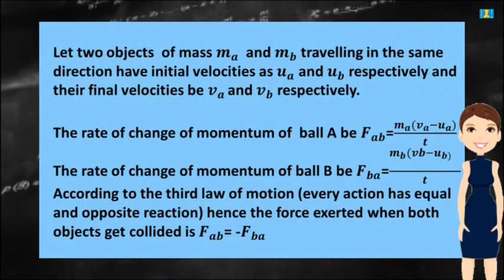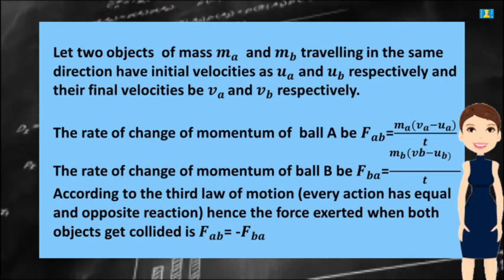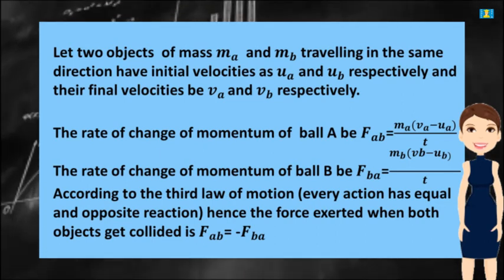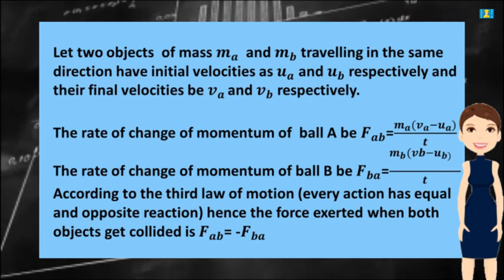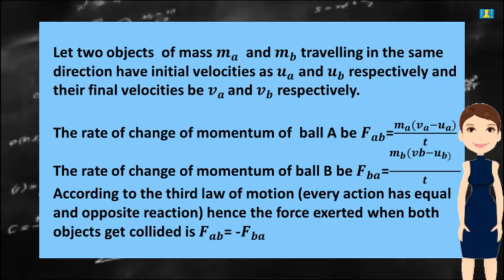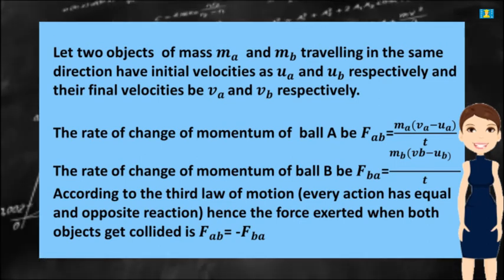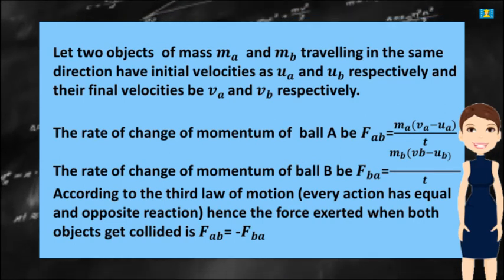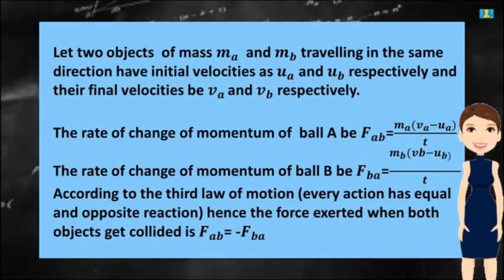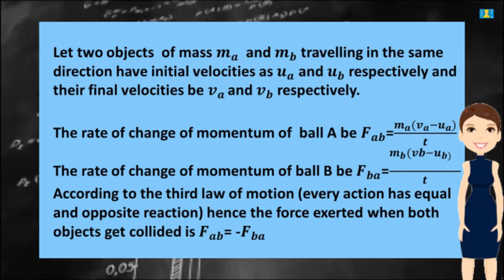Let two objects of mass mA and mB traveling in the same direction have initial velocities uA and uB respectively, and their final velocities be vA and vB respectively. The rate of change of momentum of ball A by B, FAB, equals mA into vA minus uA by t.